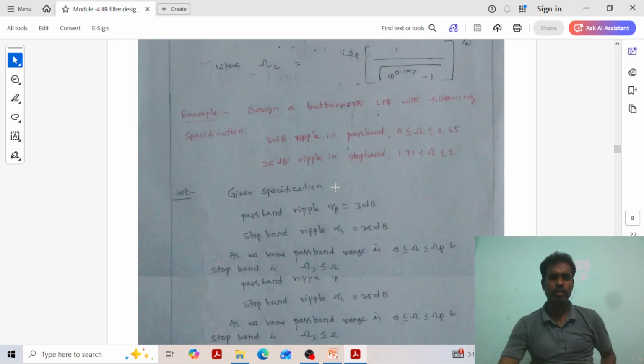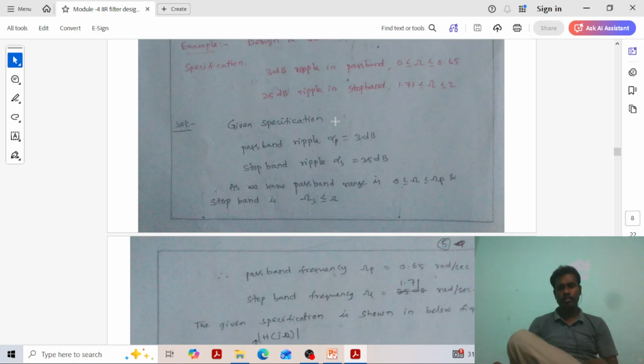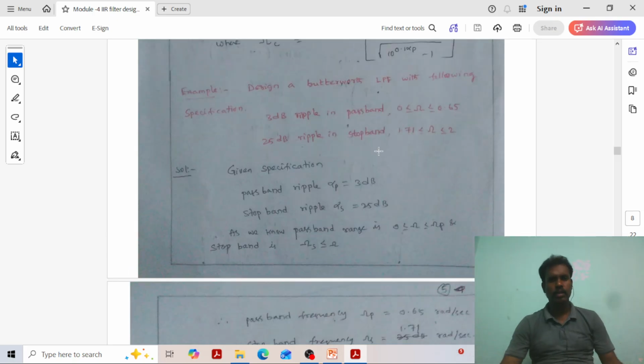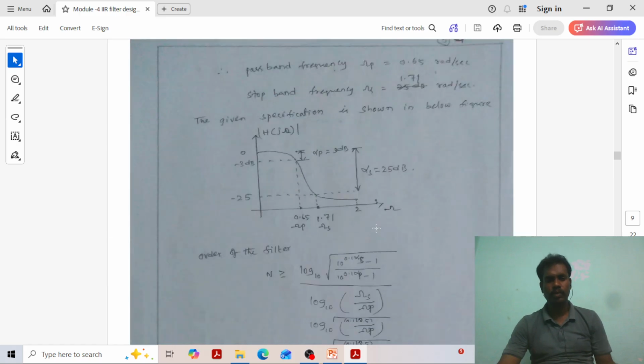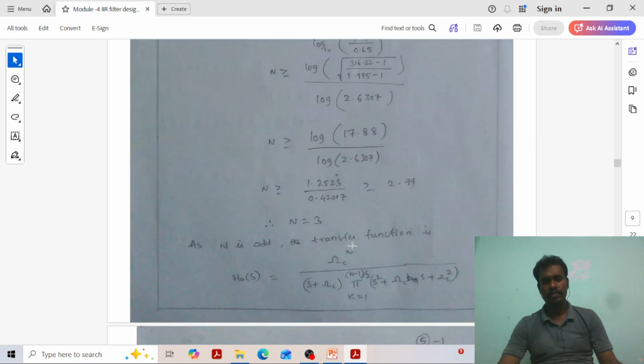So if you see one problem, similarly, they have given the specification. From the specification, we can find out the pass band ripple and stop band ripple, and then pass band frequency, stop band frequency, and we'll substitute in the order formula. We'll calculate the order. N is equal to 3, it is odd.